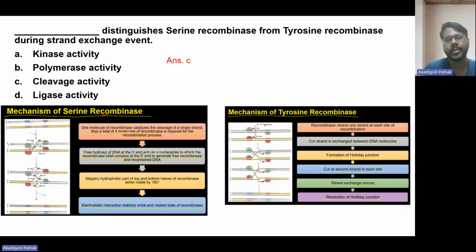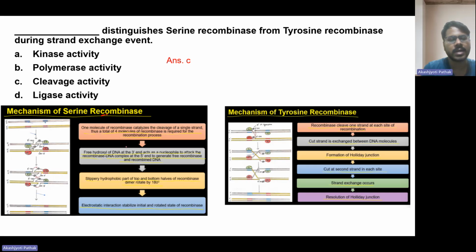So you saw that there are four, each of the subunits will recognize the recombination sites in each of the four DNA strands. Okay, and once it recognizes and binds to these strands, then what happens? It creates four breaks. Okay. So there are a total of four molecules of recombinase which are required for the recombination process.